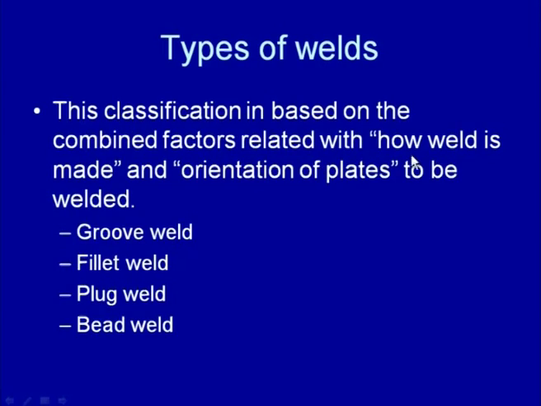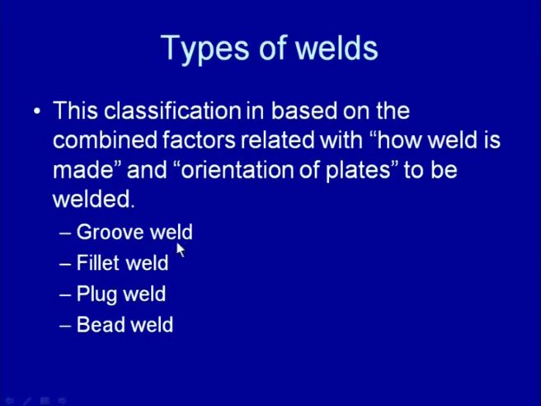Now, we will see the types of welds. It is about the deposition of the weld metal, and depending upon the way the edges of the plates are prepared and the weld metal deposited, the weld can be classified on the basis of the combined factors related to how the weld is made and the orientation of the plates to be welded.